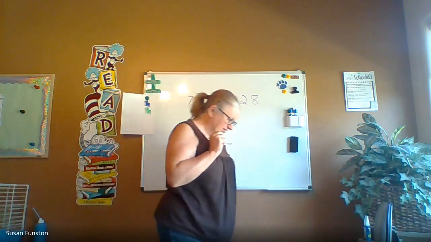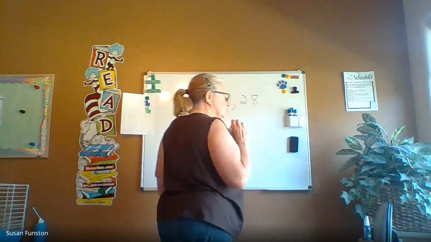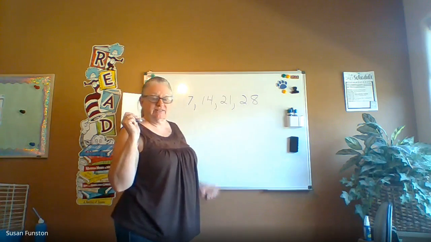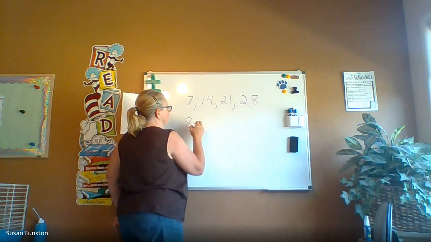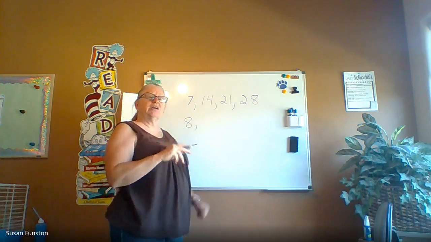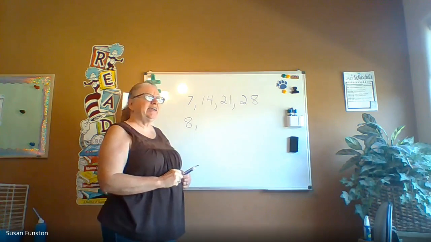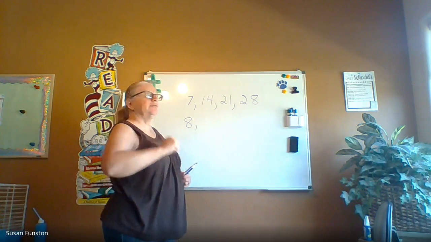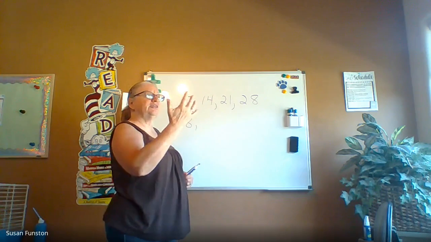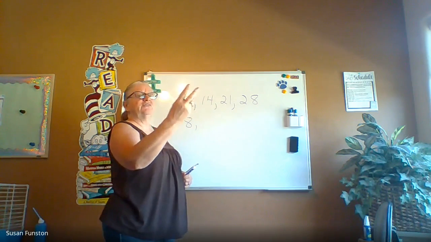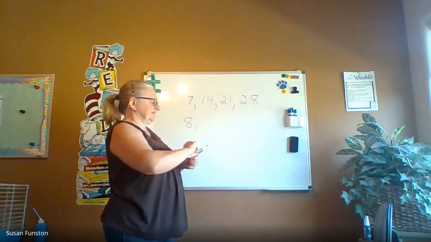Look at you counting by sevens. Let's try 8s. So what are we going to start with if we're counting by 8s? That's right, we're going to start with 8. Okay, let's count and see what our next number would be. If we started at 8, and we go up 8 more, we go 9, 10, 11, 12, 13, 14, 15, 16.